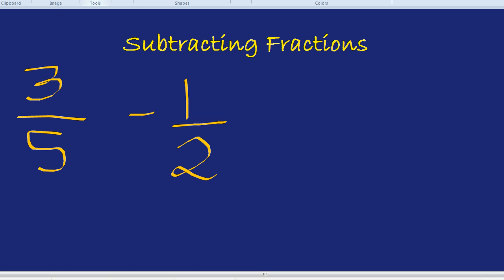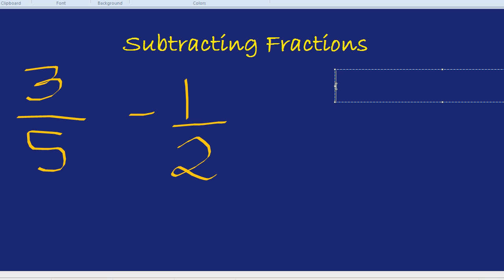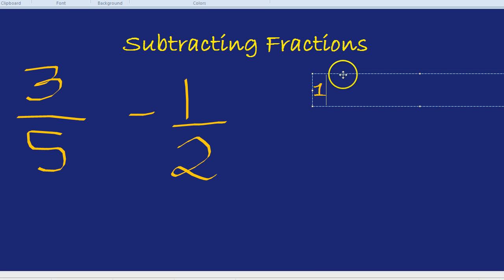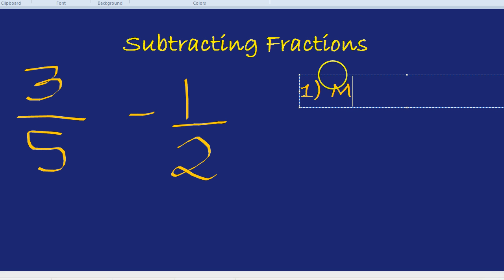I've done a video on adding fractions, but just a reminder. Step 1, you multiply the denominators, which gets you a common denominator.